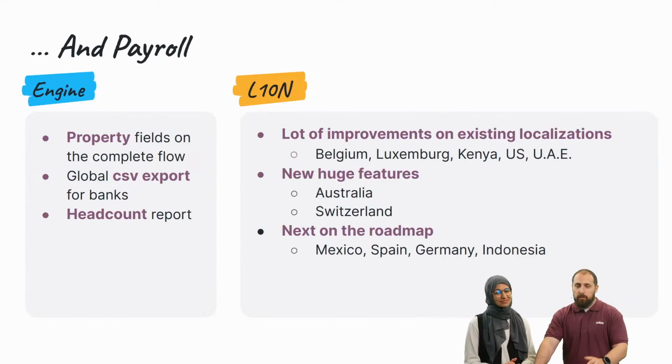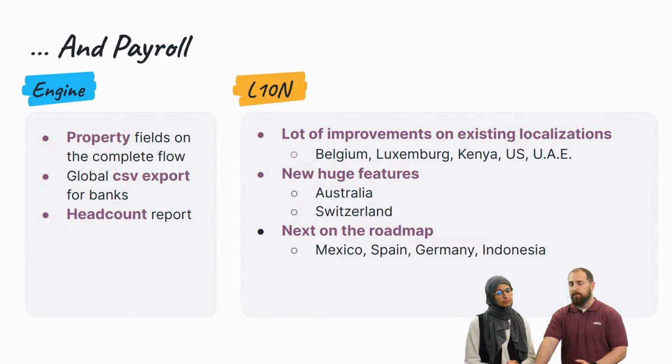And then, of course, last but not least, we could not live without this application, the Payroll one. So in the engine, we've added even more robust possibilities using property fields, but also studio fields. So you will be able to use these fields for the complete flow, even until the salary rules.